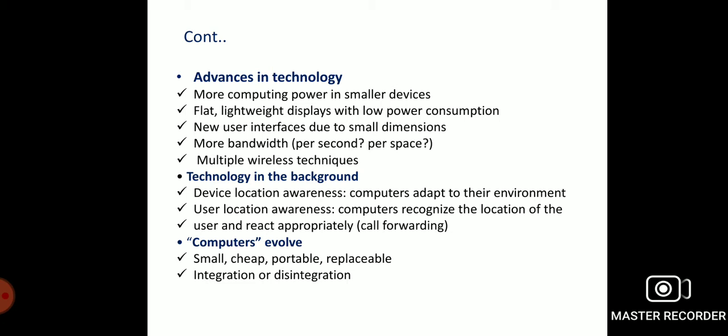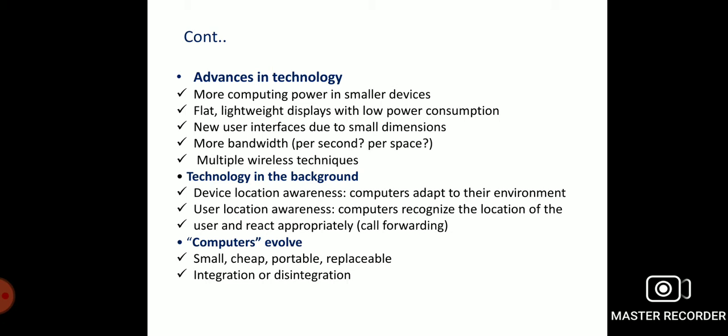So the small devices become a reduction of the area. The size of the area will be reduced and also the power will be reduced, and for speed, there is more bandwidth per second per space. So in the advances in mobile computing technology, there are speed, power and area, and multiple wireless techniques are followed. So these are the advances in technologies.